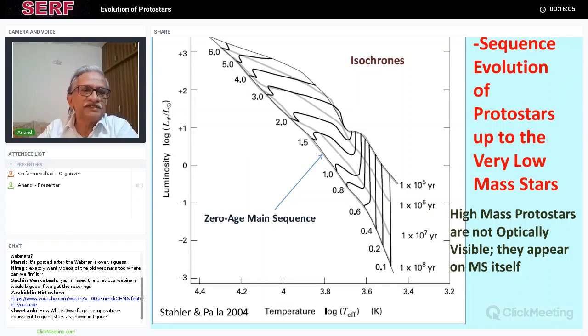The hydrogen burning has some stages, so it goes only up to a certain stage but not beyond, because you require higher temperatures to complete the cycle. These stars are unable to do that, and therefore they are failed stars. They could not become stars.